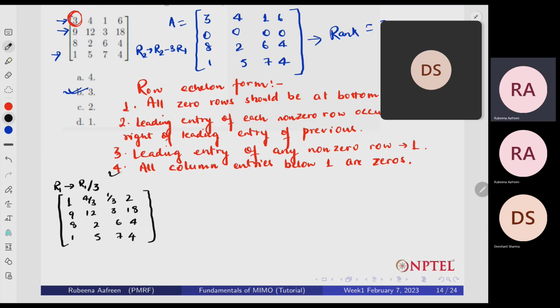Now we see at this point, all column entries below 1 should be 0. So for these three rows, R2, R3, R4, the first element of the first column you should make 0. So the appropriate manipulation would be R2 should be replaced by R2 minus 9R1. R3 should be replaced by R3 minus 8R1. R4 should be replaced by R4 minus R1.